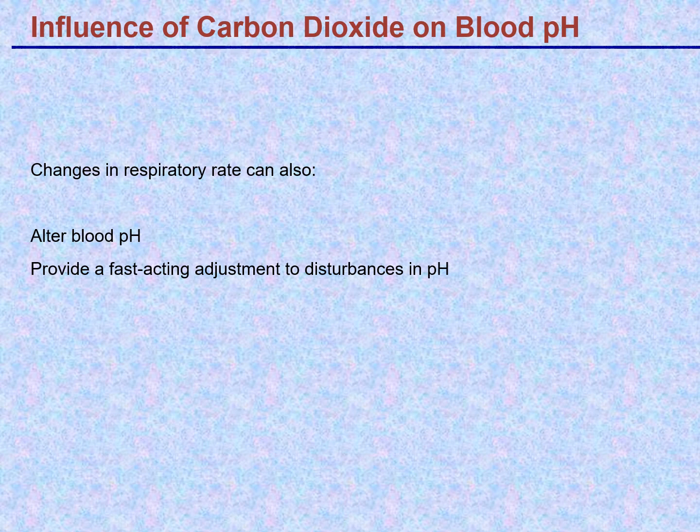This is what I was just talking about: if you change the respiration rate, you can alter the blood pH, because you can either blow more CO2 off by raising the ventilation rate or respiratory rate, or if it slows down, you can cause a decrease in pH. This is a very fast-acting adjustment to changes in pH.